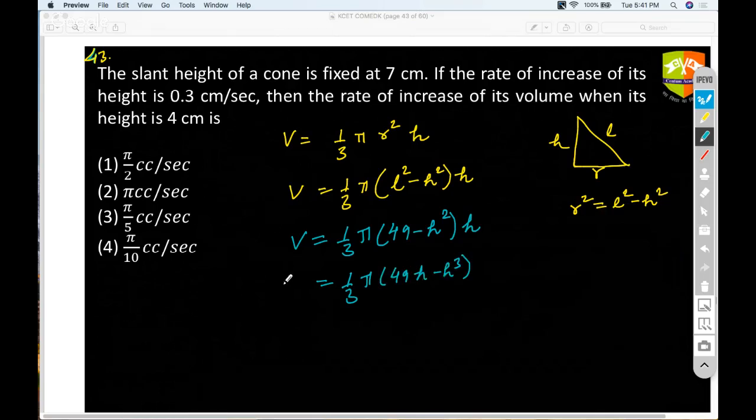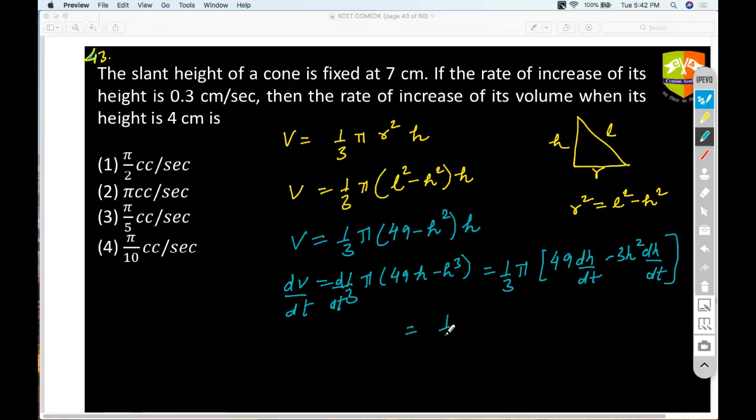Now, if you want the rate of increase of volume, we just have to differentiate both sides with respect to t. That's going to be 1/3 pi times 49 dh by dt minus 3h square dh by dt.